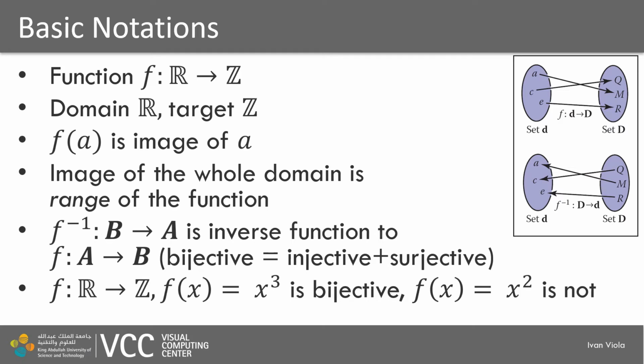But for example, f(x) equals x squared is not a bijective function, because we know that, for example, x equals -2 will result in f(x) equals 4, and the same will hold for x equals 2, which will again result in 4. So one element in the codomain, in the target, 4, will have two so-called pre-images, values from the domain to which it maps, which violates the bijective condition.